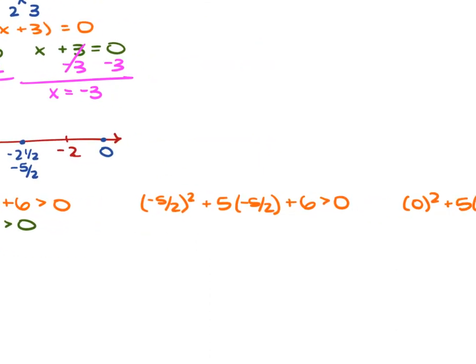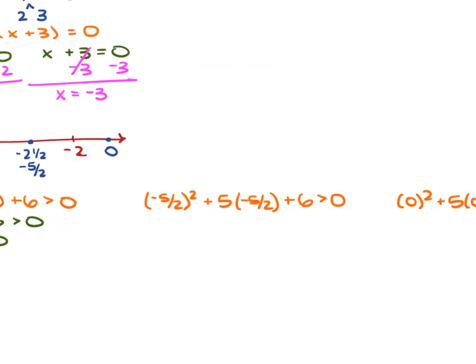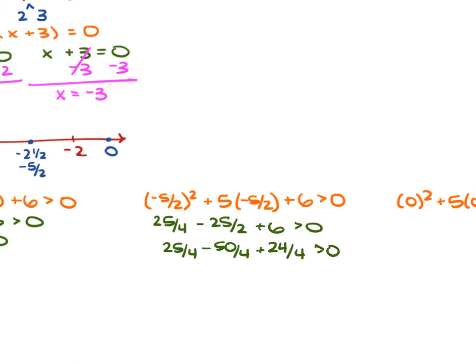For the middle one, we have that negative 5 over 2 squared, which is a positive 25 over 4, plus 5 times negative 5 over 2, which is negative 25 over 2, plus 6 is greater than 0. We want to rewrite this to where we have all the same denominator. So it's going to be 25 over 4 minus 50 over 4 plus 24 over 4 is greater than 0.